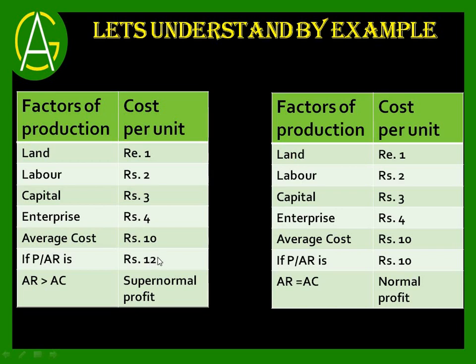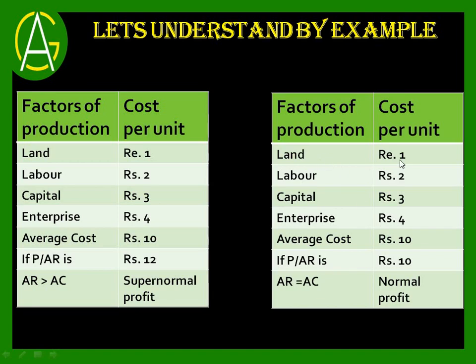This 2 rupees was considered supernormal profit. But in this situation, the entrepreneur is not able to earn any additional amount, he just earns 4 rupees for the services given by him to the business.